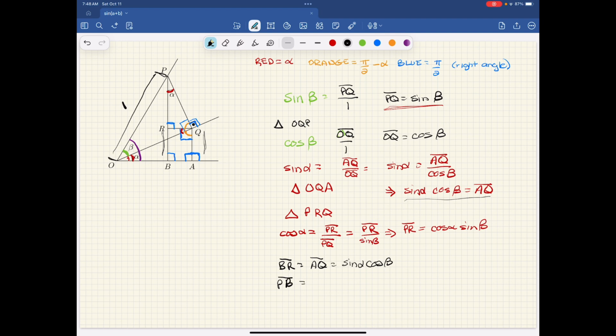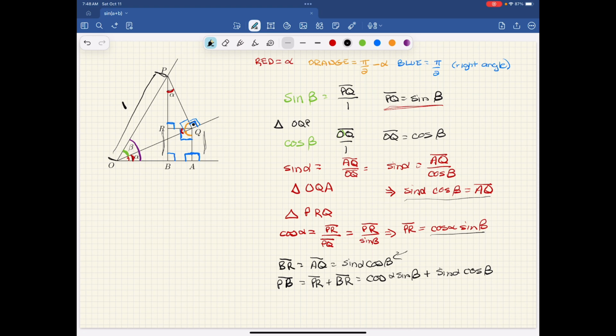Well, PB is PR plus BR. And that is going to be, we know PR from right here, cosine alpha sine beta. And we know BR from right here, sine alpha cosine beta.